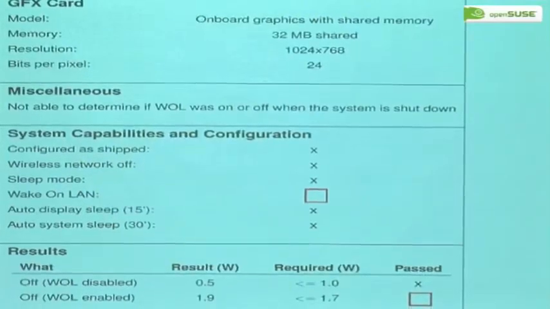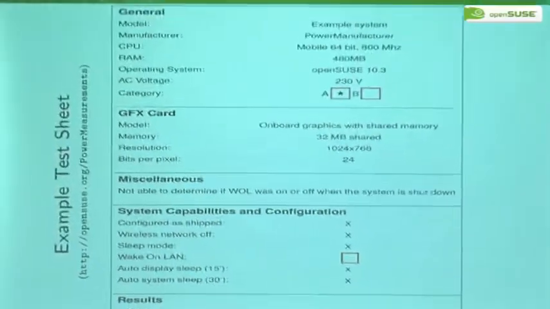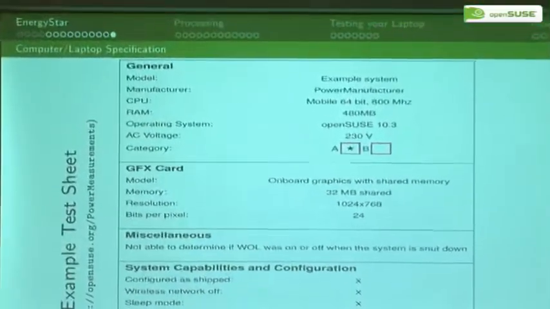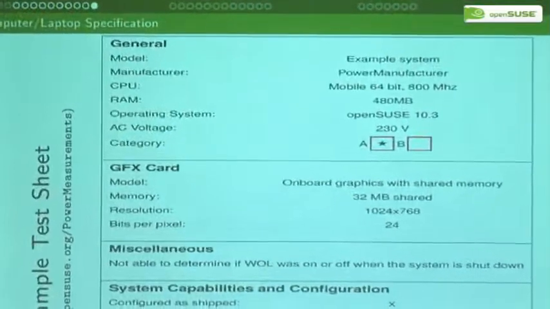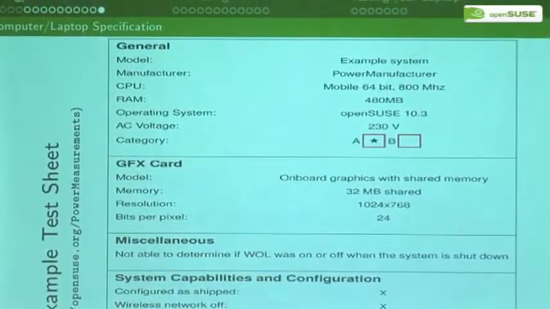So that's an example of how such results might look. At the top you'll see general system information, then in the middle there are the system capabilities, if it's capable of wake on LAN, for example, and at the bottom there are the actual test results.